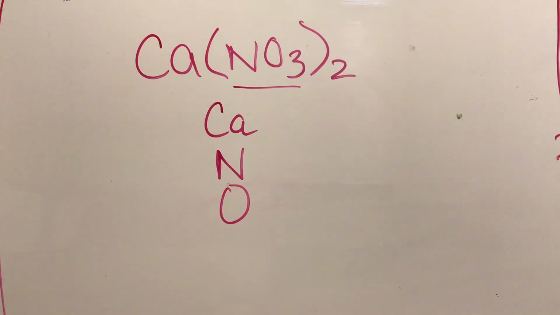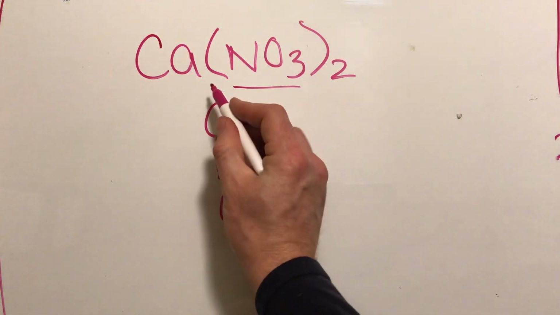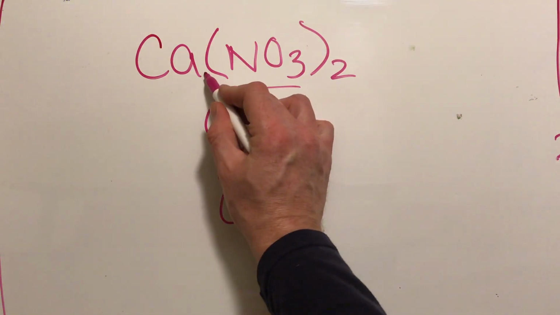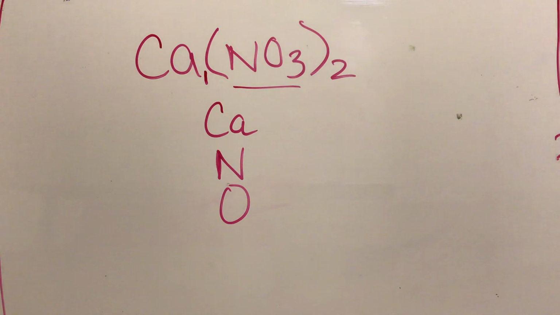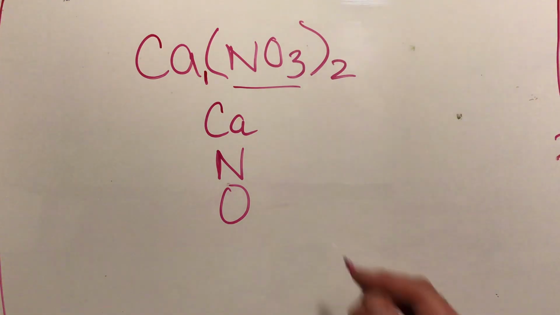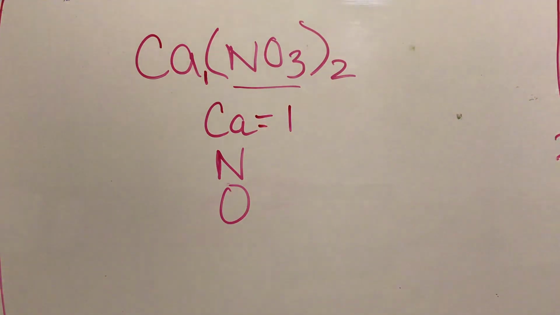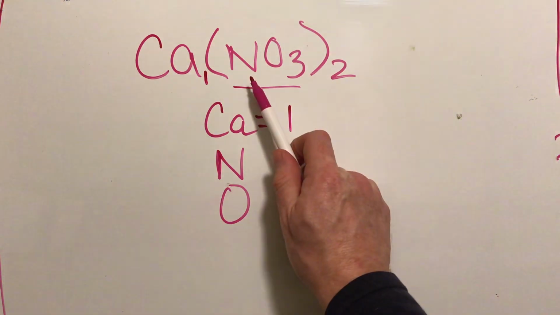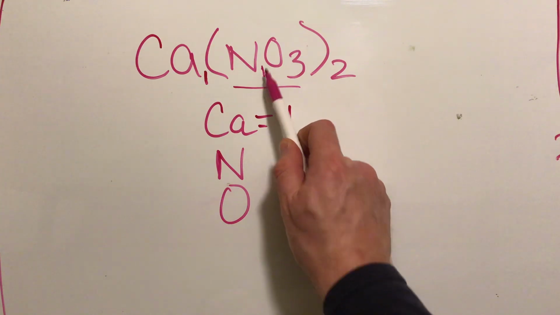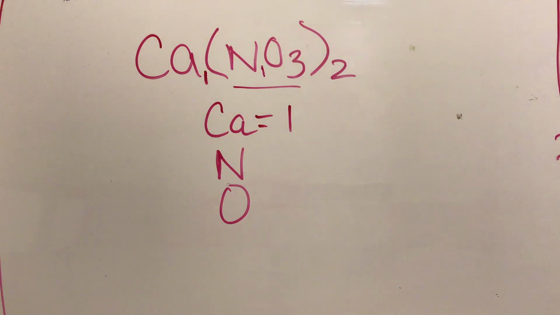So if I go over this now and I look at it, I've got no number here, but no number really means there's a 1. Of course, we don't show them in chemistry. So this 1, you won't really see it when we do any of these formulas. So I know I have 1 calcium. Now, if we look inside of the brackets, I've got, again, 1 nitrogen.